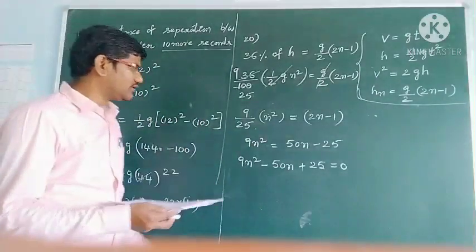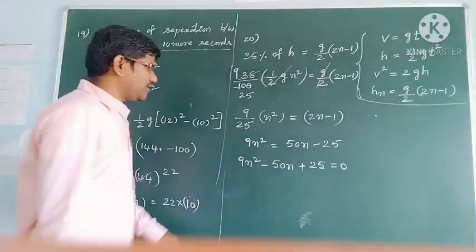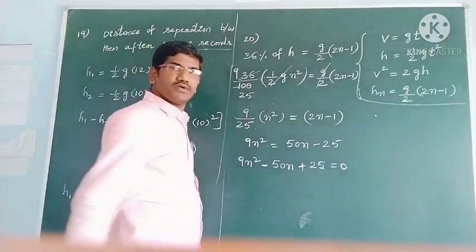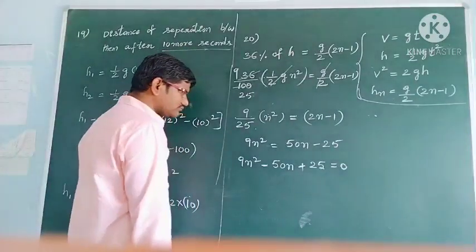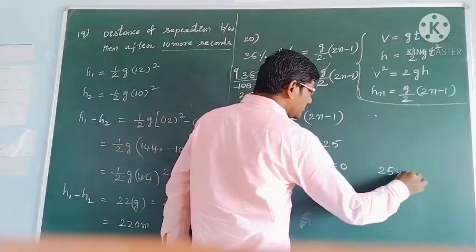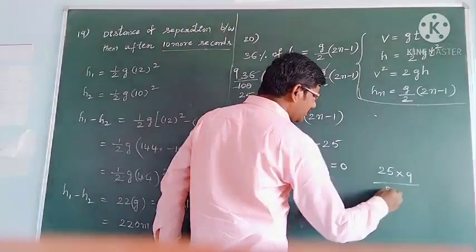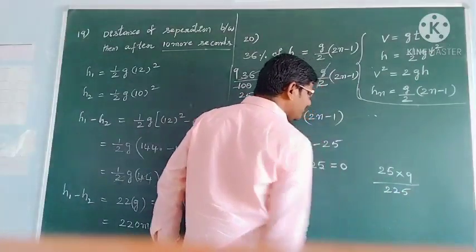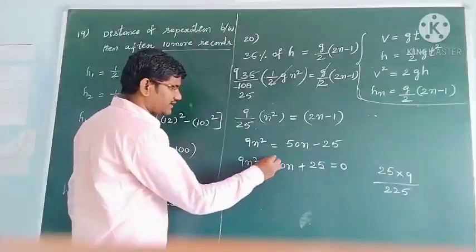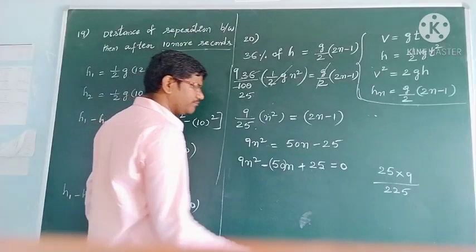So n is equal to 5 seconds we will get. Okay students, perfect roots will exist for this, you check it. So 25 into 9, you know that is 225, and from these 225 factors we have to select so that the sum of the factors should be 50.